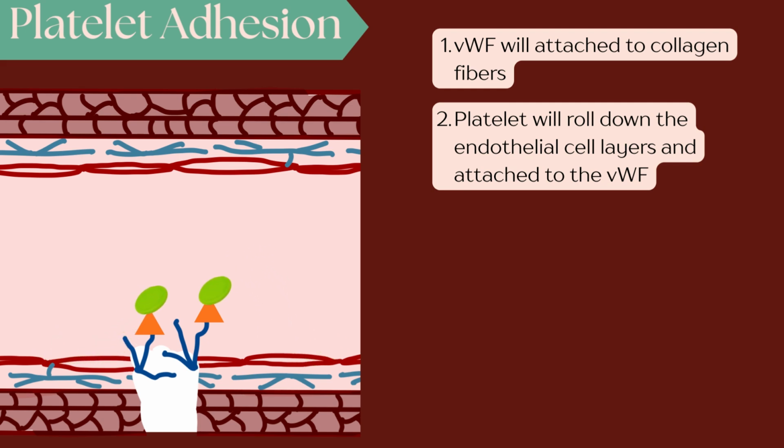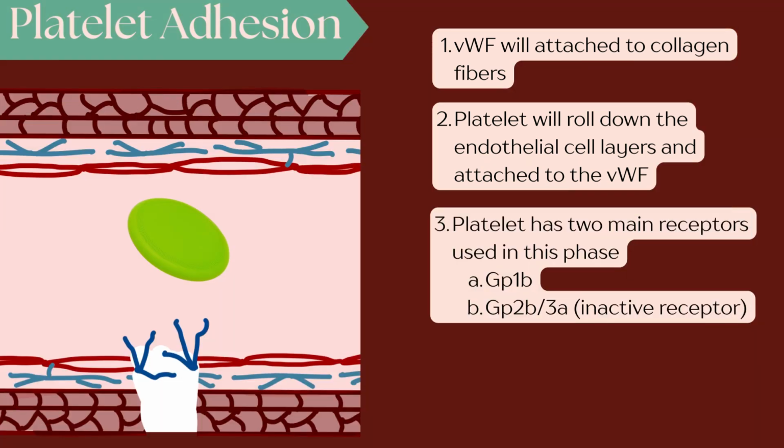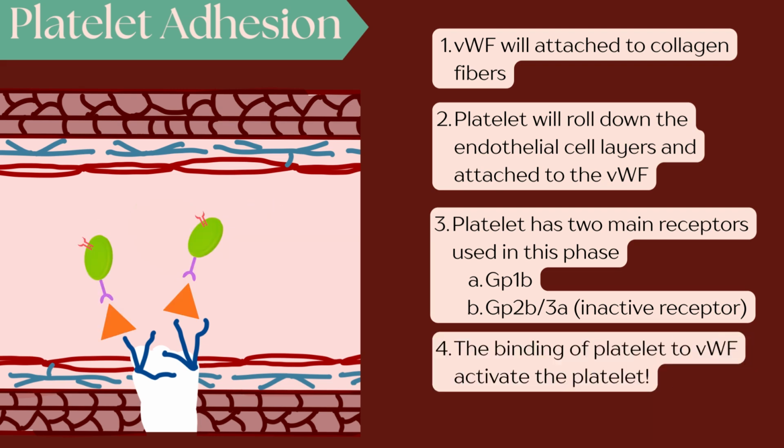There are a couple different receptors on the platelets: glycoprotein 1b and glycoprotein 2b3a. That is an inactive receptor, but I'll explain more later in this video. So you're going to have the binding of the glycoprotein 1b receptor to the von Willebrand. Once that binding occurs, it's going to activate your platelets and induce a shape change.